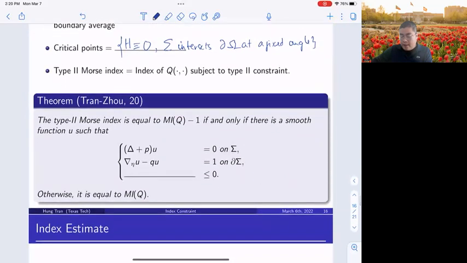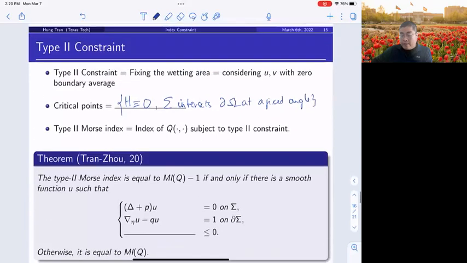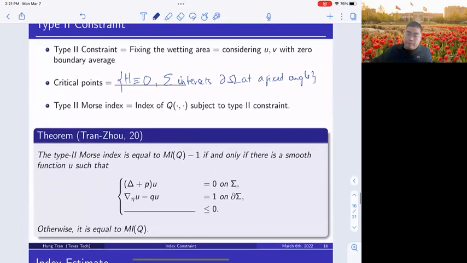So the PDE system here is slightly different because the constraint here is slightly different. So that's how we can apply our abstract formulation to study the concrete case of capillary surfaces.